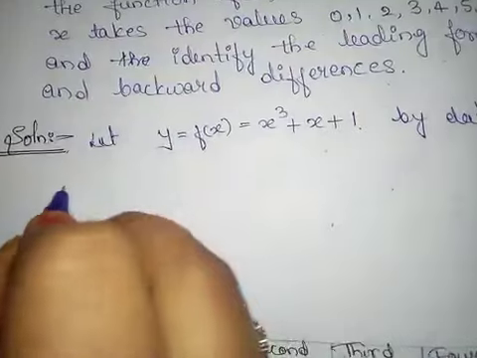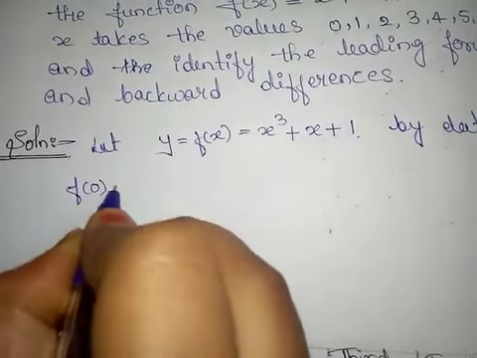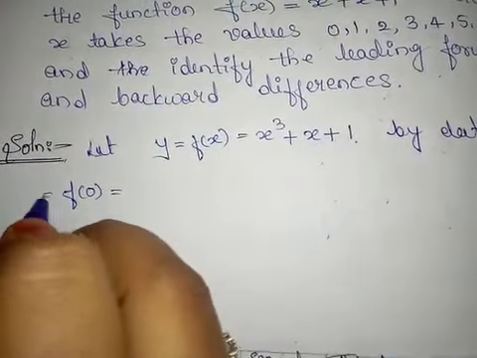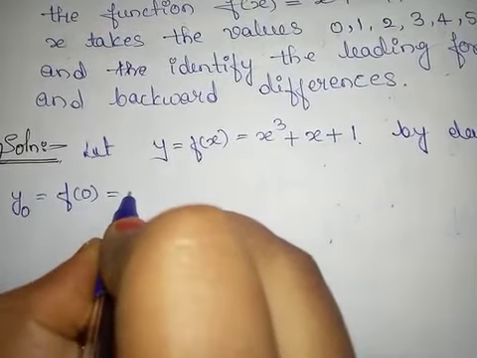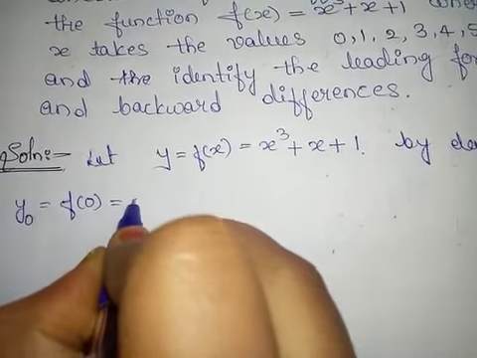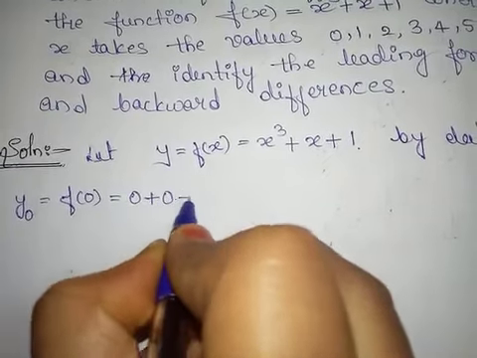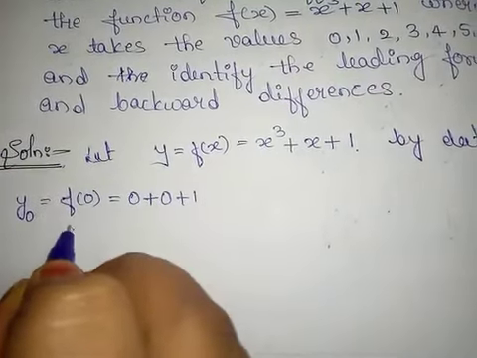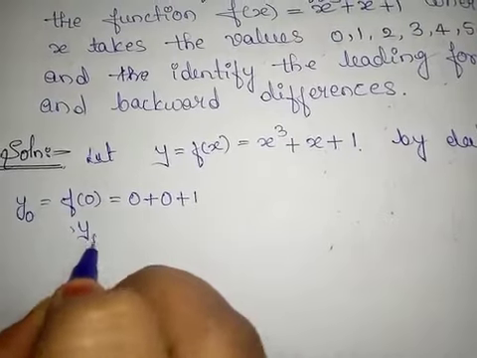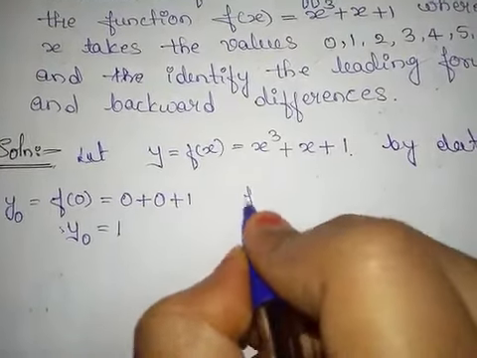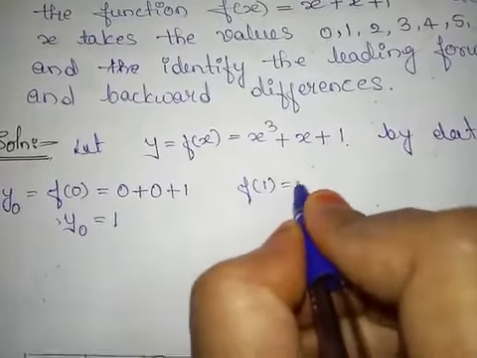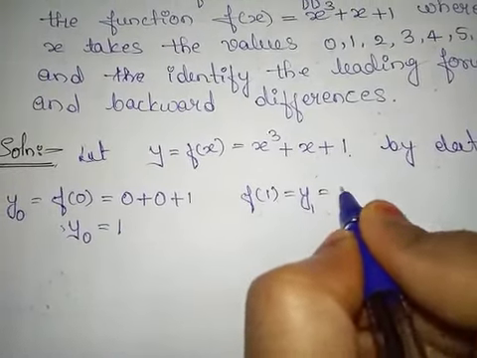First is f of 0, this is y naught, is equal to 0 plus 0 plus 1, therefore y naught is equal to 1. Similarly, f of 1, which gives us y1 is equal to 3.